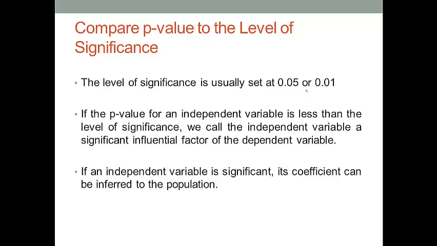After you identify the level of significance value, the next value you want to look at is called a p-value. P-value is the value you get from the data analysis result. If the p-value for an independent variable is less than the level of significance value, we call this independent variable a significant influential factor of the dependent variable.